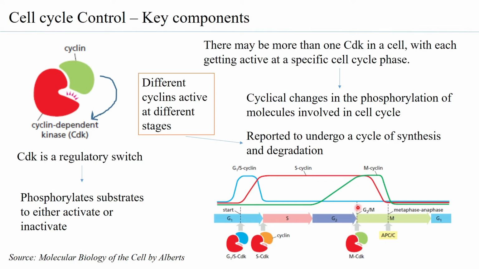So therefore, what is very clear from this is that every cyclin has its activity only for a certain period of time and for a certain phase. So you can see that it is active, it is plateauing down. When it comes back over here, it will again become active only at this phase. Okay, so this is what we understand by cyclical changes in the amount of cyclins. So it will undergo a cycle of synthesis and degradation.